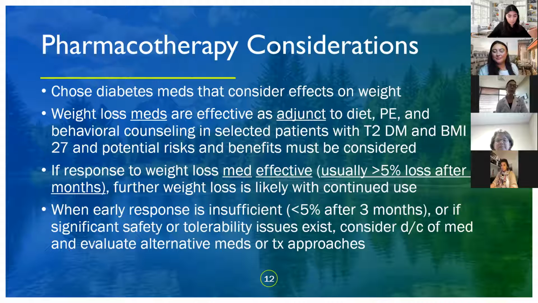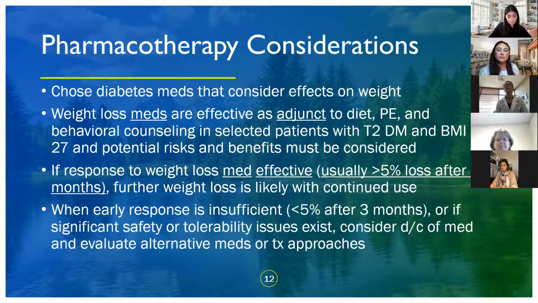So when you're choosing any therapies, not just for diabetes, but other medical conditions, you also want to consider those that might have some effects on your weight. Weight loss meds are considered effective as an adjunct to diet, activity, and behavioral counseling. So you want to make sure you're also talking with the patient about their risks and benefits.